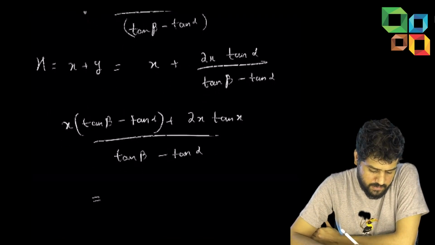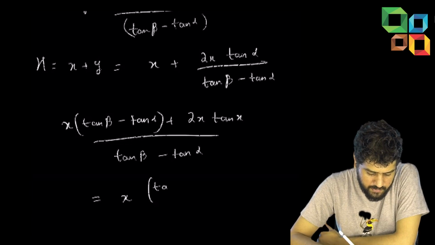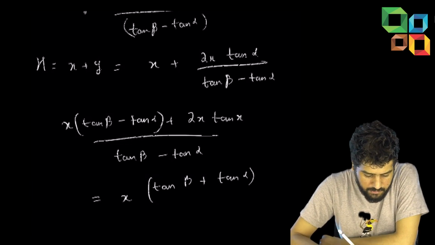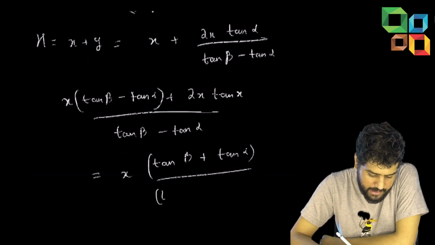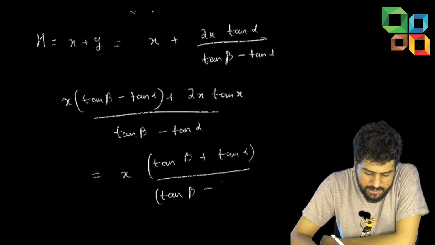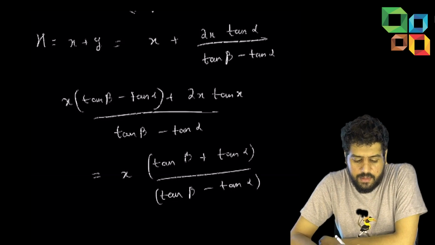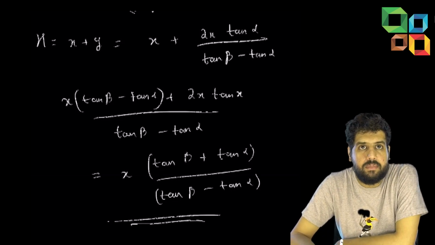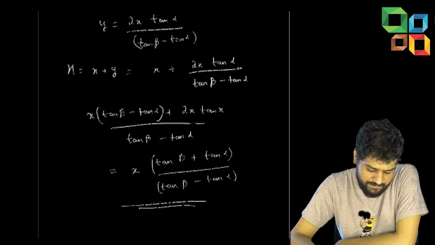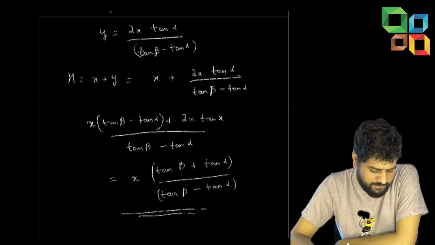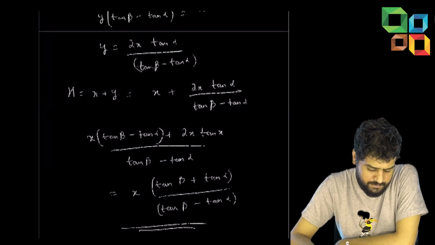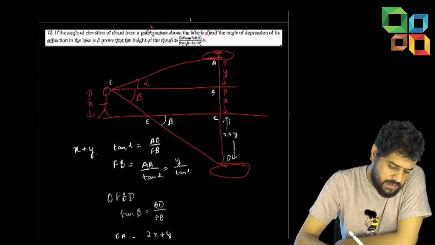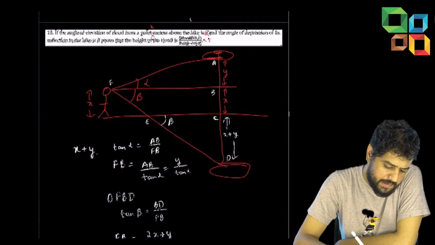Yes, it will be x times tan beta plus tan alpha, by tan beta minus tan alpha. Good. So this is this times x.